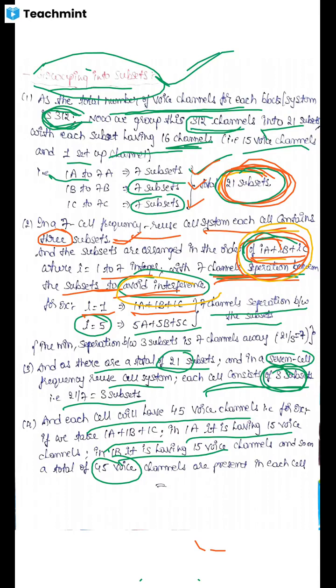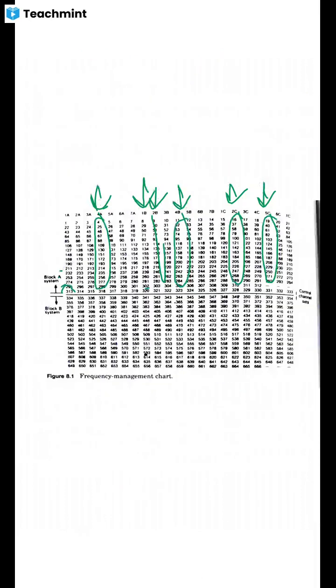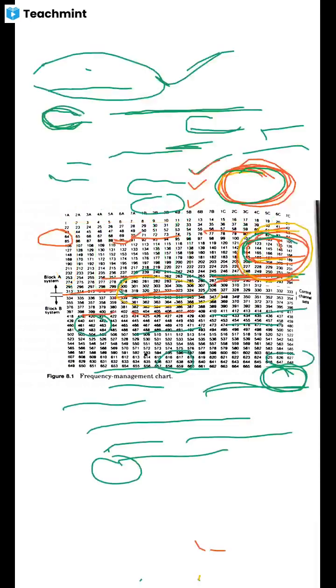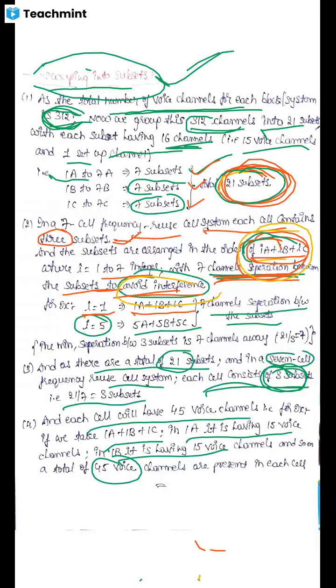From the frequency management chart, these are the subsets: 1A, 2A, 3A, 5A, and so on. Each subset has 15 voice channels and one setup channel. So there are a total of 21 subsets: 1A to 7A, 1B to 7B, and 1C to 7C. In the 7-cell frequency reuse pattern, each cell will contain 3 subsets.